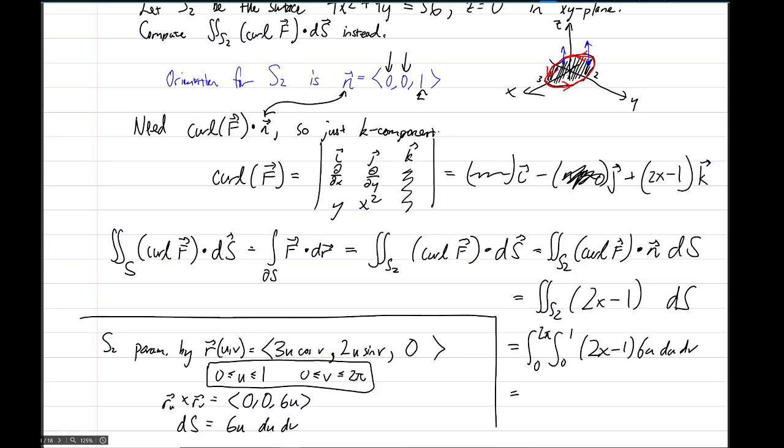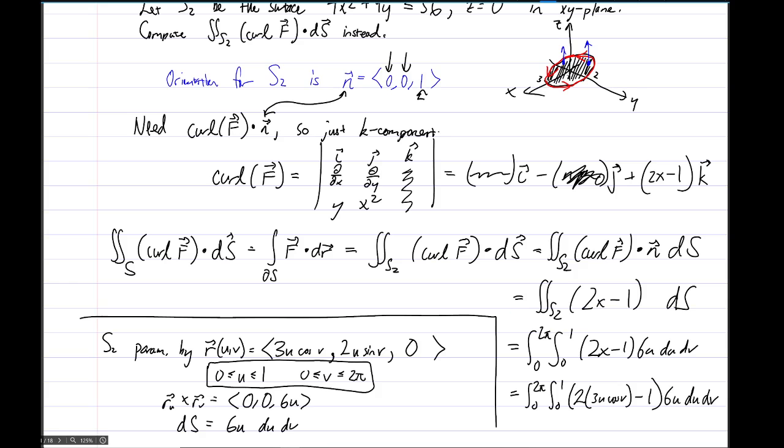Ooh, this doesn't work quite as is. It's not incorrect, but there's an x there. We're going to need to replace the x. And so I'll have the integral from 0 to 2 pi, the integral from 0 to 1, quantity 2 times, and then x gets replaced with 3u cosine v, then a minus 1, close parentheses, 6u du dv.